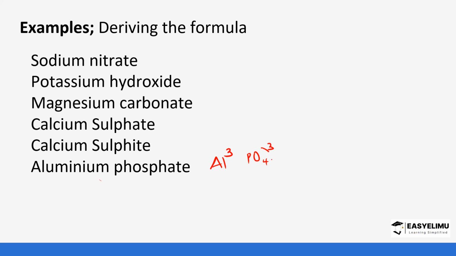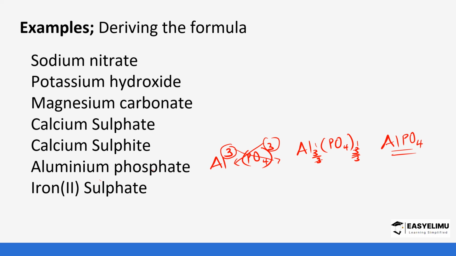So you put this in bracket and then you crisscross the valencies to give us aluminium 3 and then phosphate with a 3. This one can cancel out, so we cancel it out to give us 1 and 1. So it becomes aluminium, then phosphate. That becomes our answer.